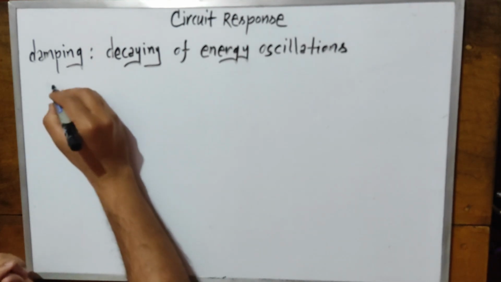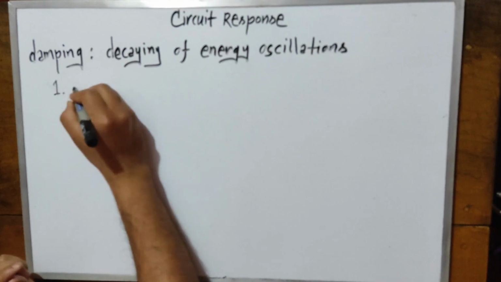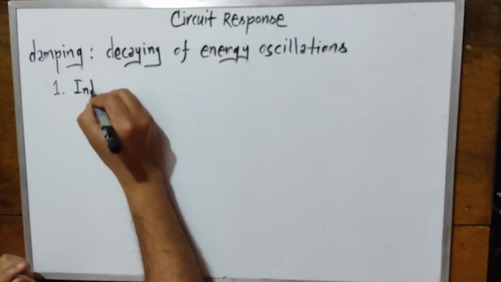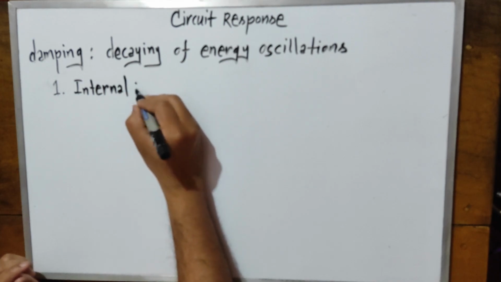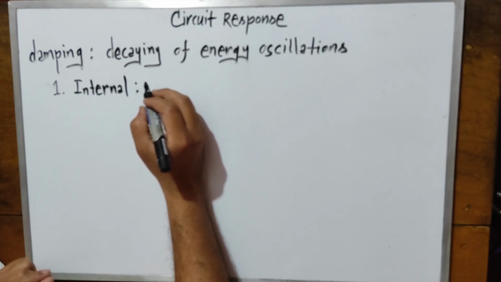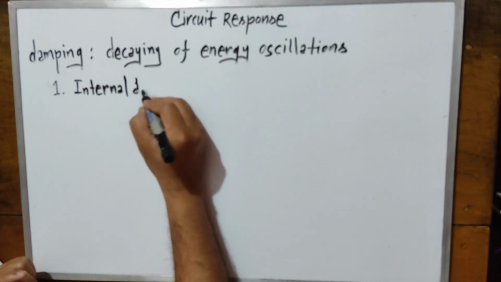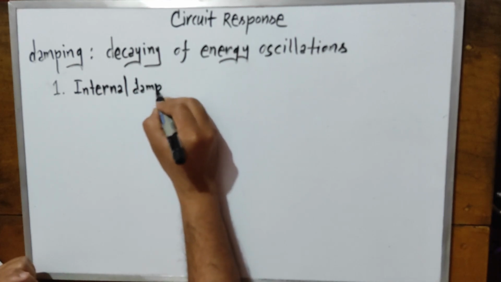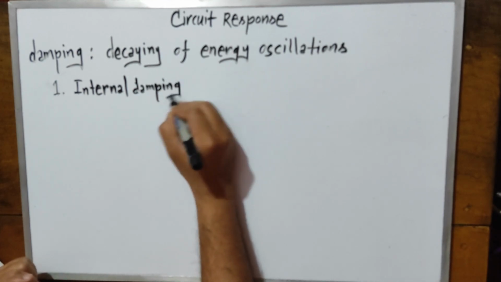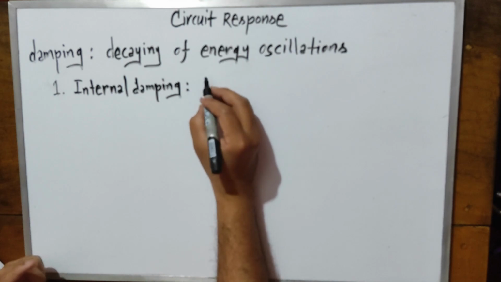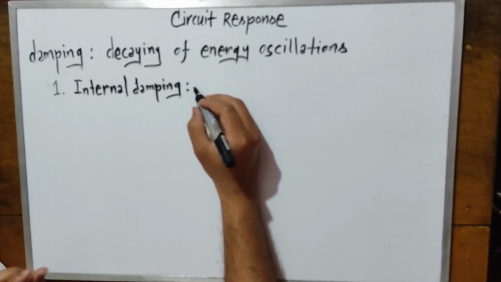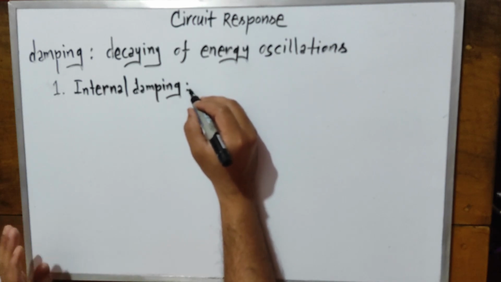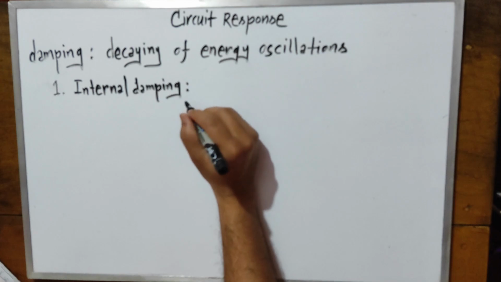Damping can be either internal or external. Internal damping is the kind of damping that always exists in a system. It exists in a system by nature.